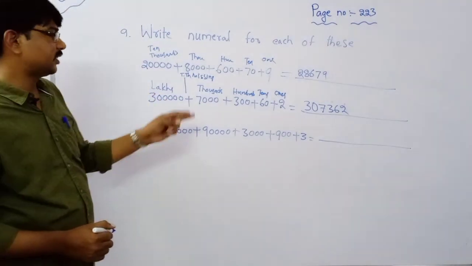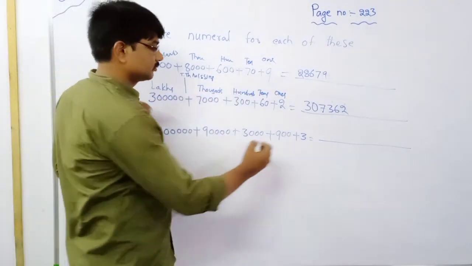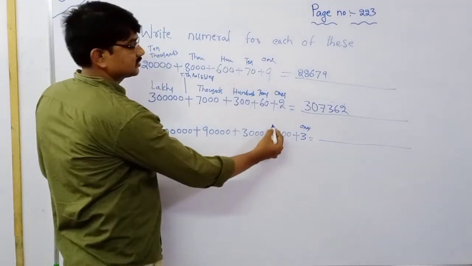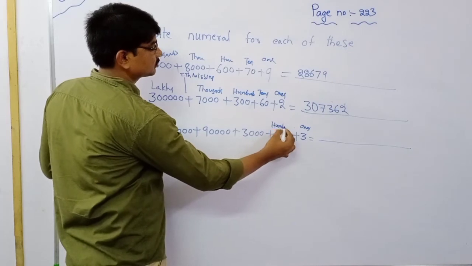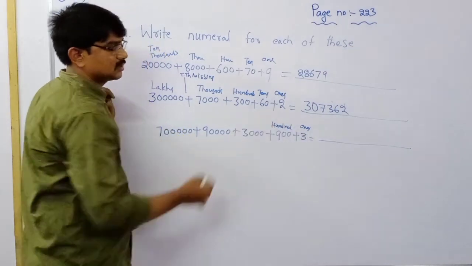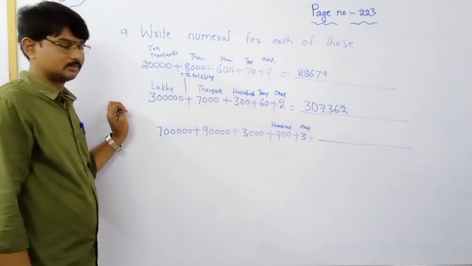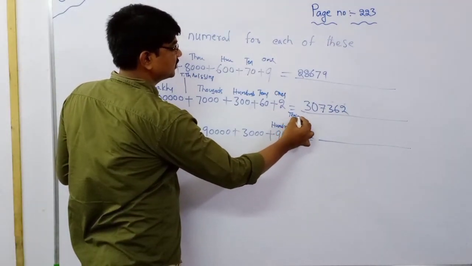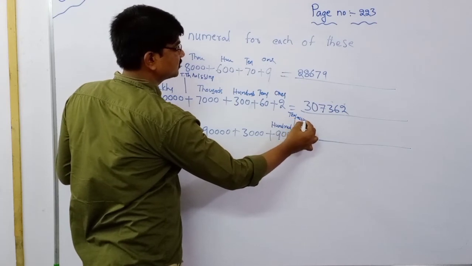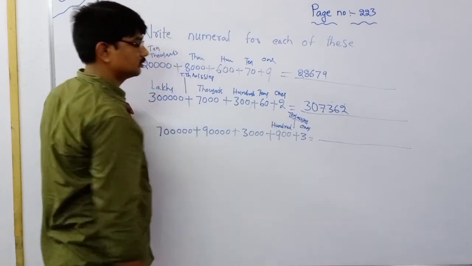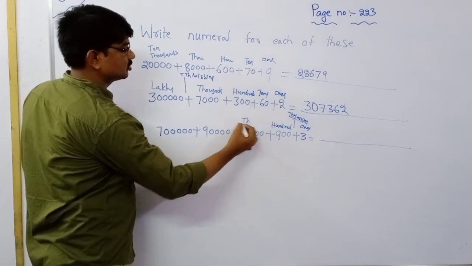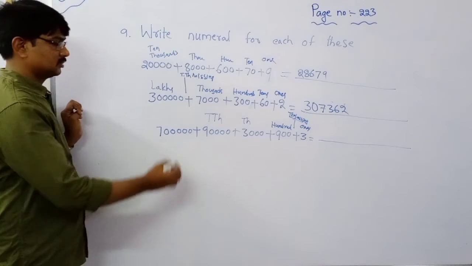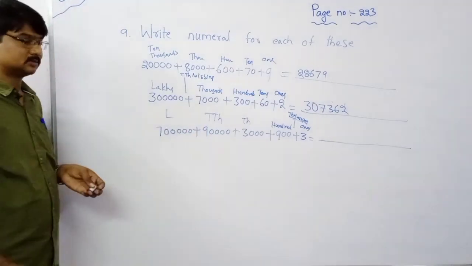First, let us locate the places. This is ones place. This is hundreds place. After ones what should become? Tens. Yes. Here tens is missing. Okay. This is thousands place. This is 10,000s place. This is lakhs place.